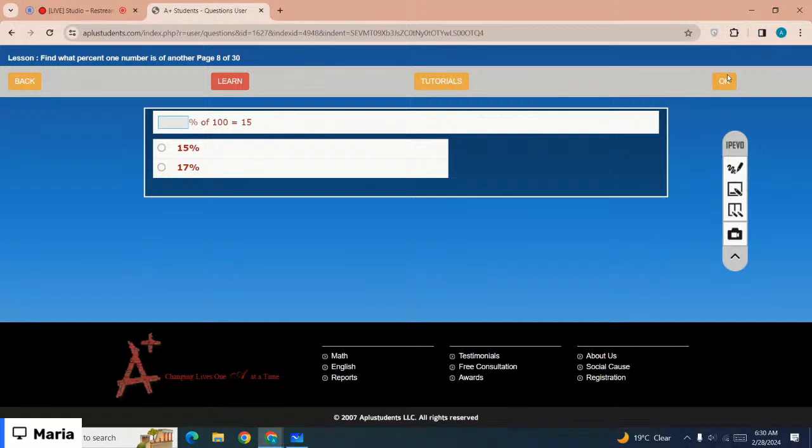What percent of 100 equals 15? Yes, 15% of 100 equals 15, right? Okay, you can complete the lesson by yourself later today. Let me just move on to the next lesson.